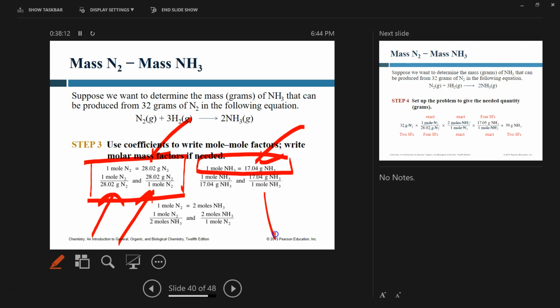So we have these 2 conversion factors. And finally, when we look at this reaction, our third set of conversion factors is this, that 1 mole of nitrogen is equivalent to 2 moles of ammonia in this reaction. Does that make sense? We good?